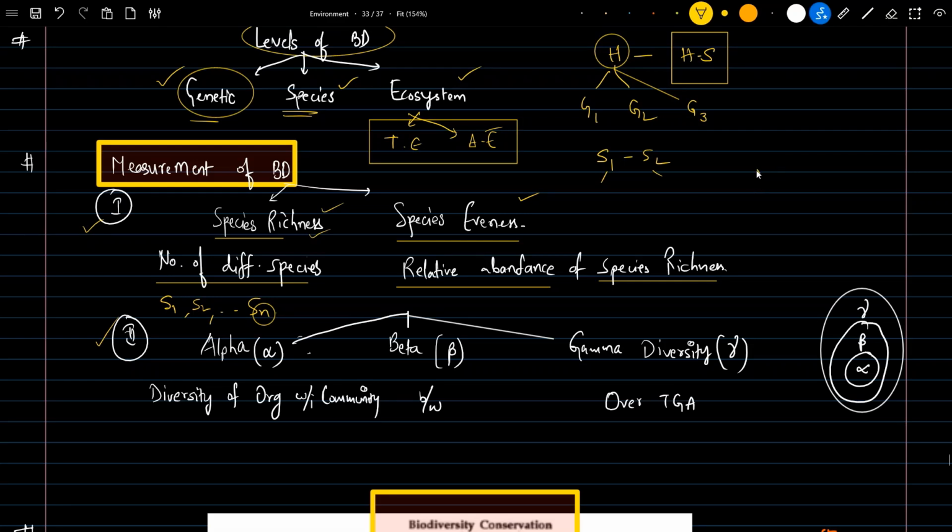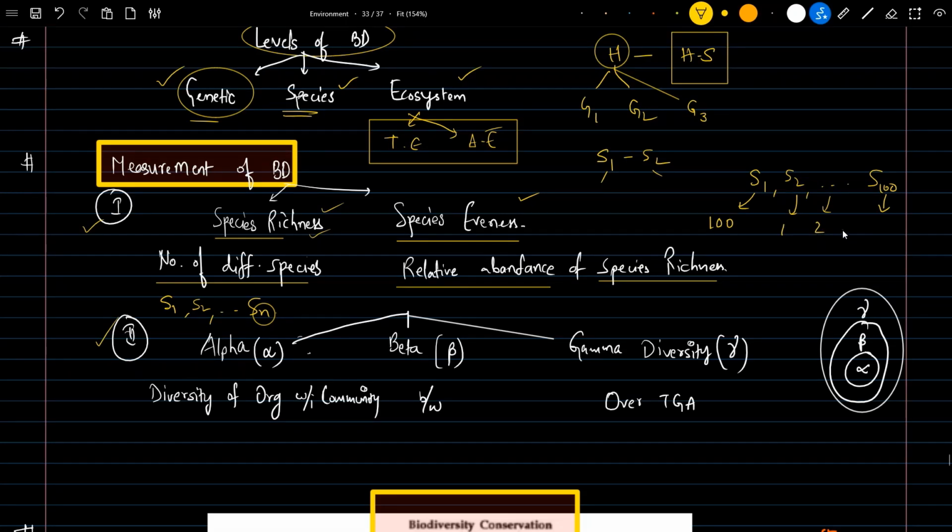So let's say species 1 is there, species 2 is there, and so on, let's say 100 species are there. But S1 is the species that is large in number, and species 2, species 3, and so on up to species 100 have only a few individuals, like only one or two.